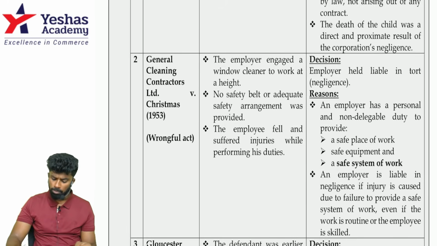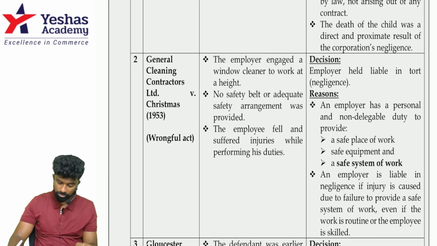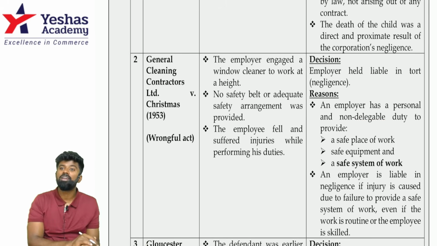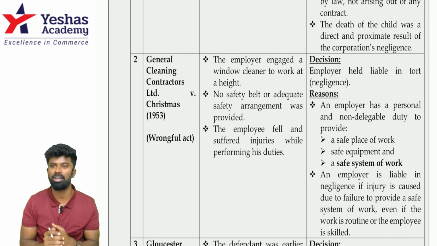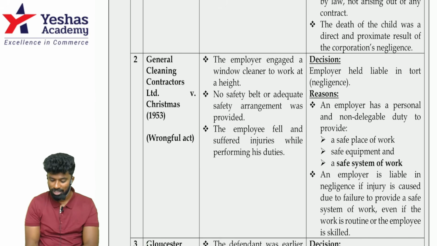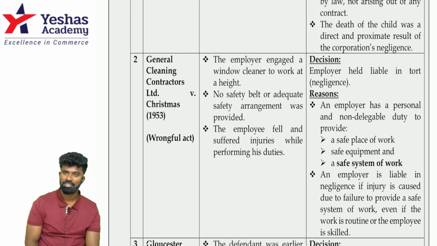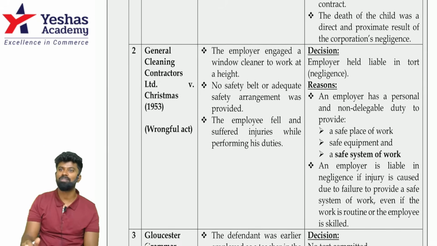Continue. Employer. Reasons. Non-delegable duty. What is non-delegable duty? You cannot transfer it to someone else. Correct, right? To provide a safe place of work, a safe system of work.